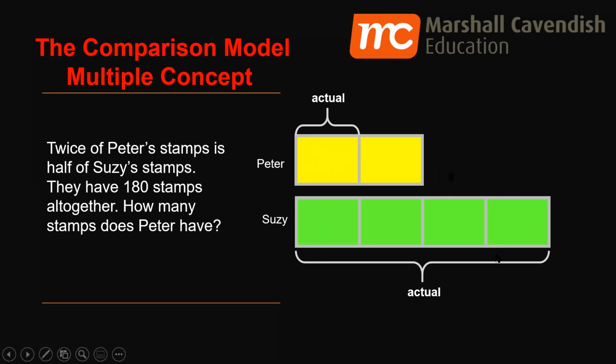And this is Susie's actual part, because 2 times Peter's equals half of Susie's. Altogether they have 180. The red line shows that 2 parts of Peter equals half part of Susie. So you can see that 180 is what they have: 1 part of Peter and 4 parts of Susie.